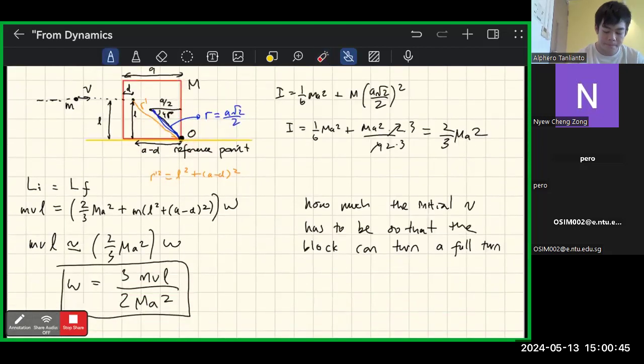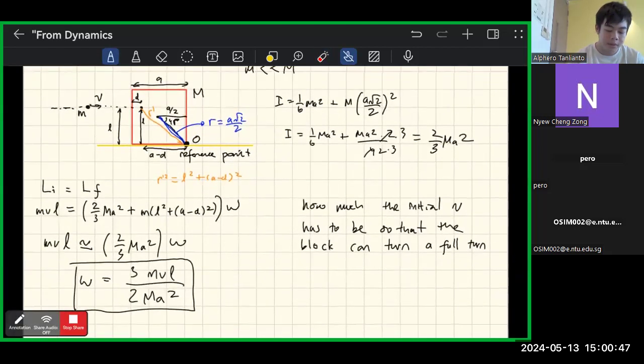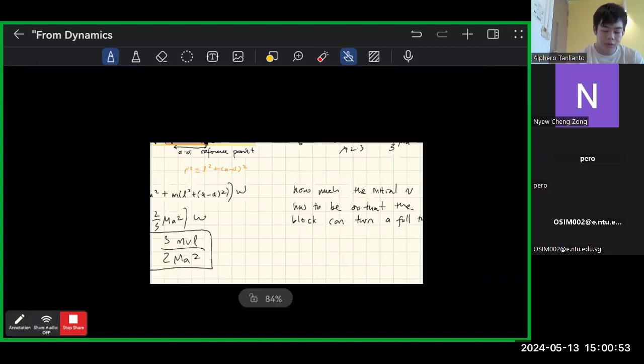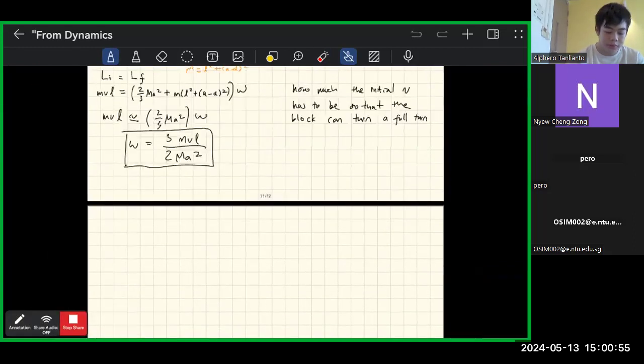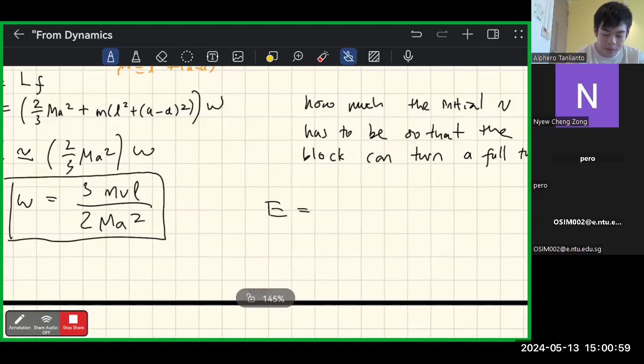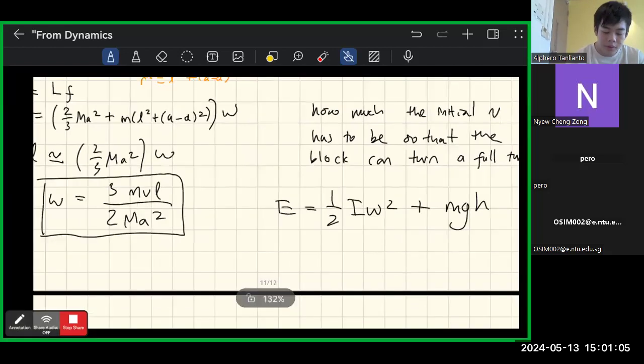Okay, it's pretty easy. We just assume that at first, with the conservation of energy, the initial energy here is half of I omega squared added by mgh.